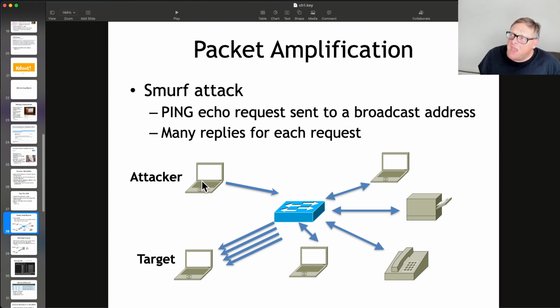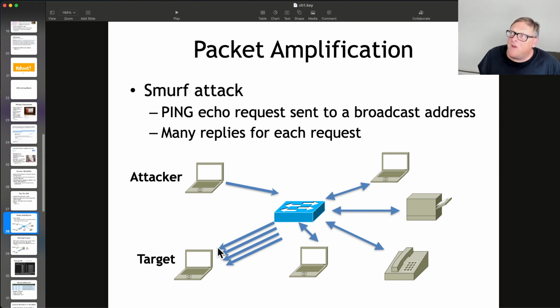But since ping does not have a TCP handshake, it's not over TCP protocol, you can put a fake from address in it, and the response will go to a different place than the actual source. So an attacker could send one ping request, and then thousands of ping responses go to the target. So it's packet amplification. And that was the first famous packet amplification attack.